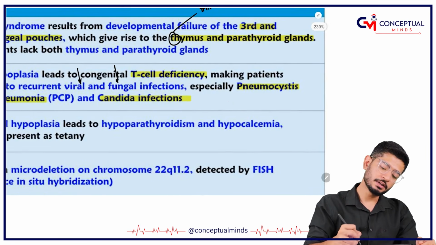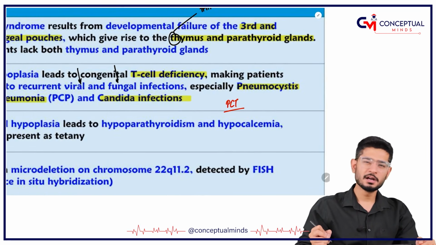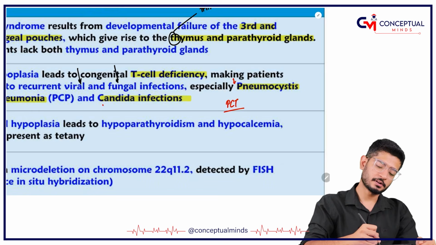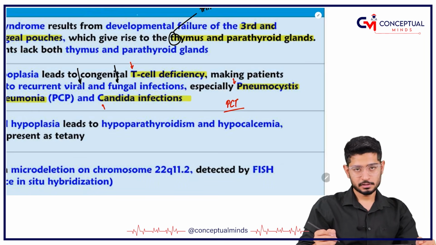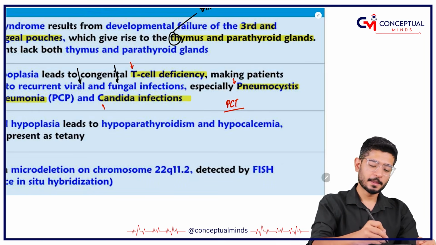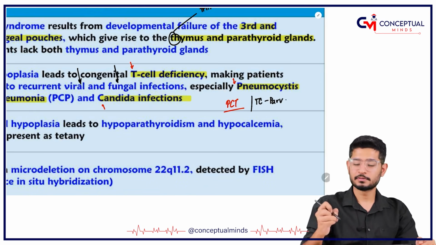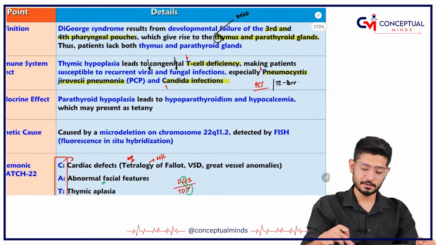This mnemonic I have already used with you, PCT. In our med school it used to be part completion test, PCT. P for pneumocystis, C for candida, and T for T cell deficiency. Or you can remember it by 'take care Parv', so TCP or PCT, that's important.